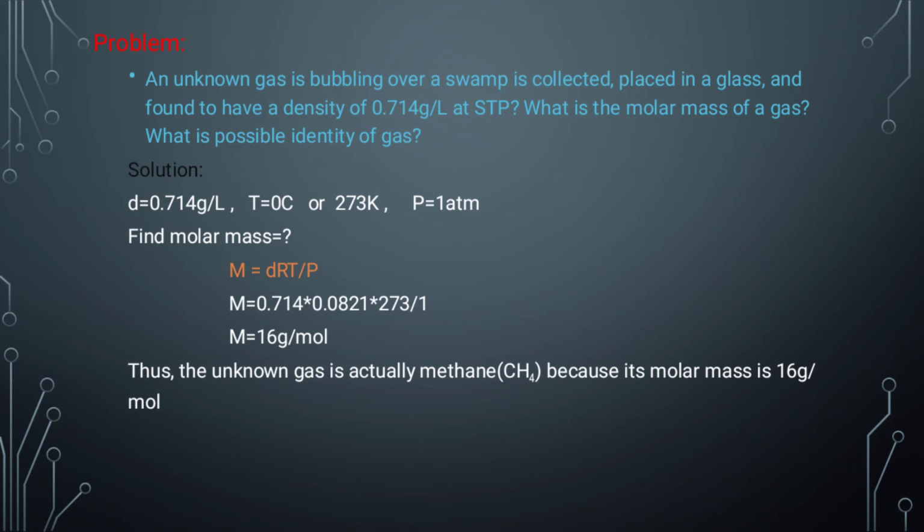So M = 0.714 × 0.0821 × 273 / 1. So M = 16 gram per mole. Thus the unknown gas is methane because its molar mass is 16 gram per mole.